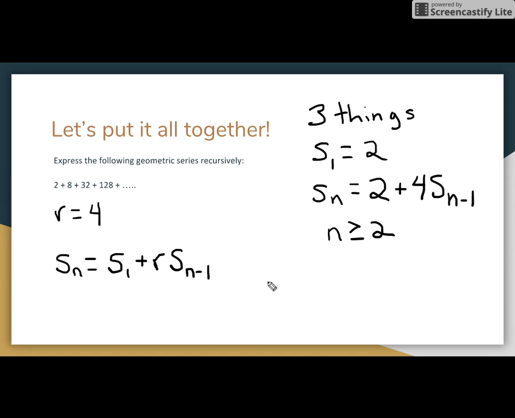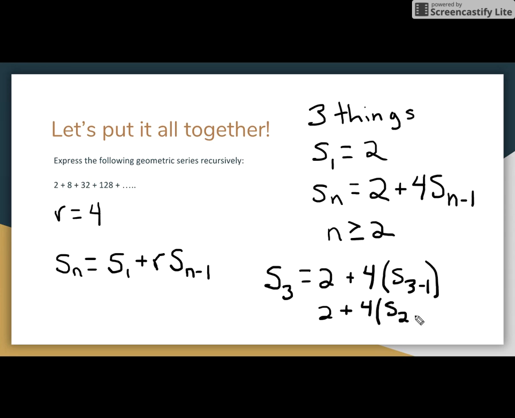For example, if we want to know the partial sum of the first 3 terms, it's going to equal 2 plus 4 times S of 3 minus 1, that's S of 2 in this case. So it would be 2 plus 4 times S of 2, and S of 2 in this case is 10.